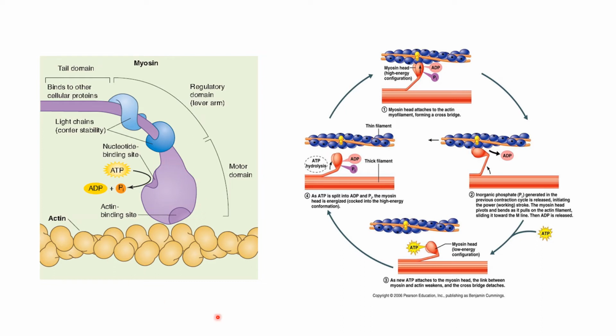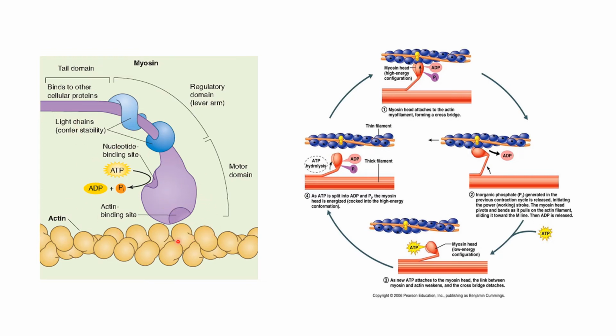It has a globular head that will bind to the actin, and there is also the motor domain, and we have the regulatory domain here, and we have the tail domain. The tail is alpha helical, and it consists of, as we said, 3 domains. Each myosin has 3 domains.